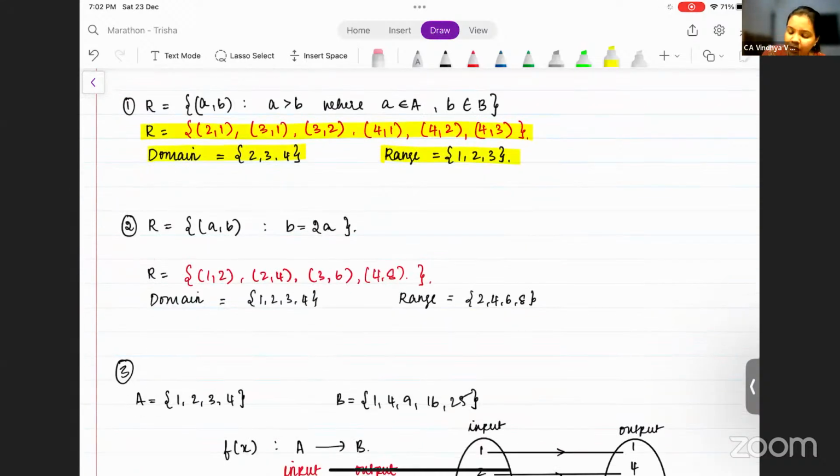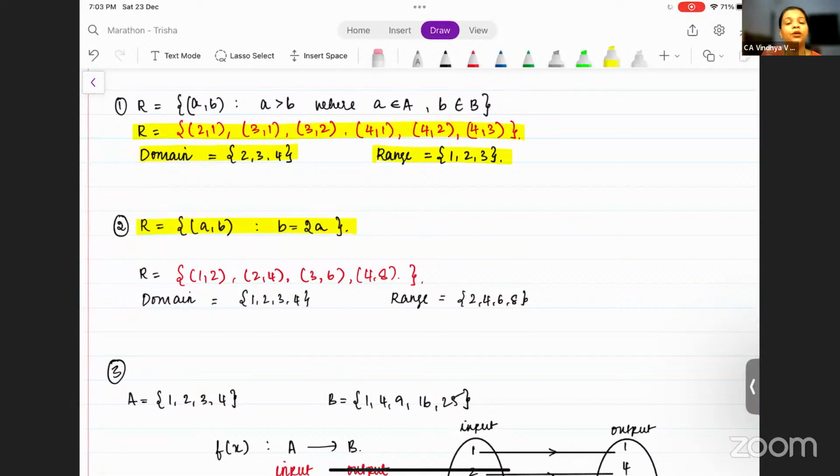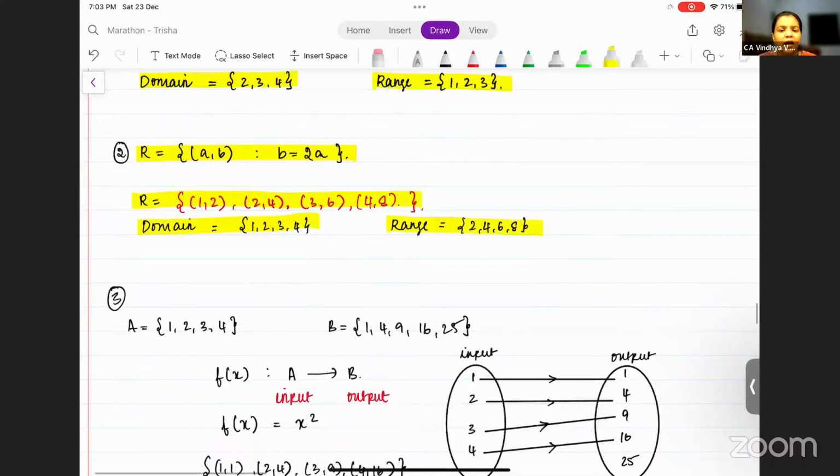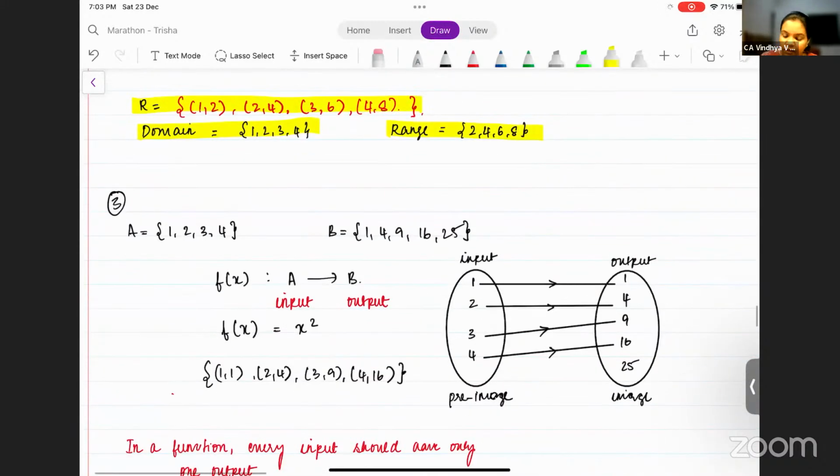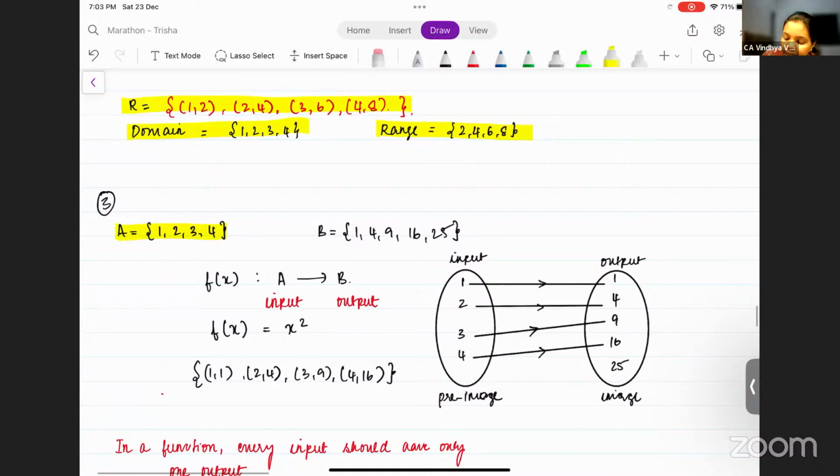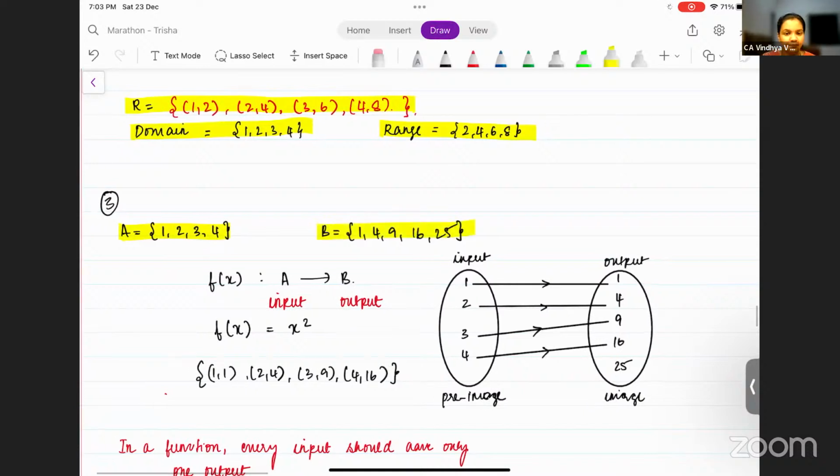Second, I'll ask you a relation where B is equal to 2A. 2 times A is B. Okay. So this is what you get: 1, 2, 2, 4, 3, 6 and 4, 8. Domain is 1, 2, 3, 4. Range is 2, 4, 6 and 8. Okay. I'll give you one more. Set A, set B. Different example.